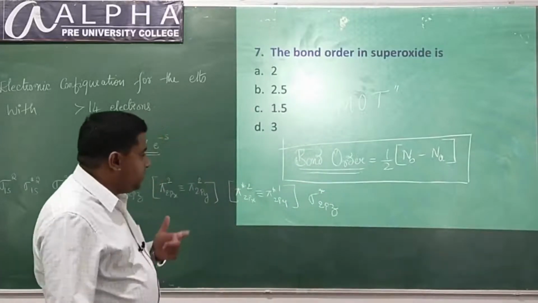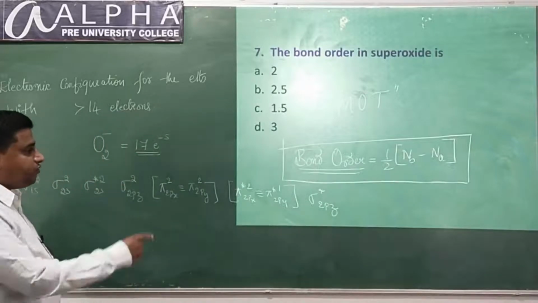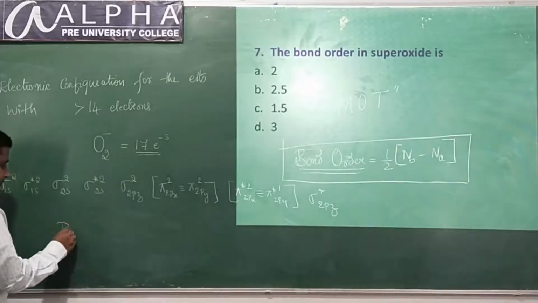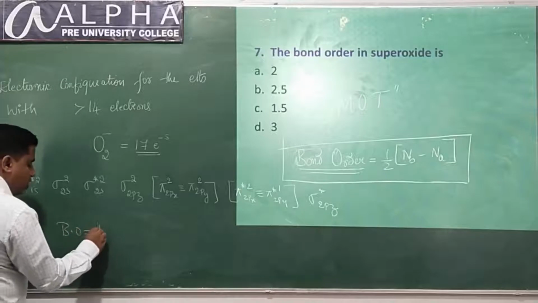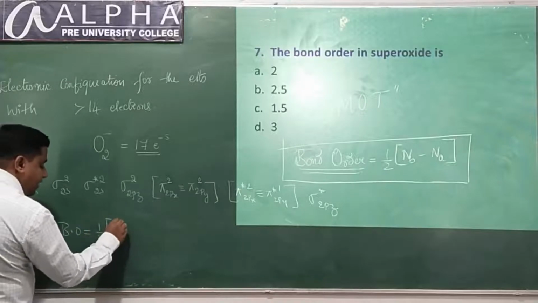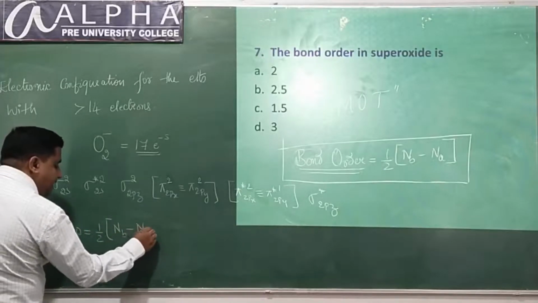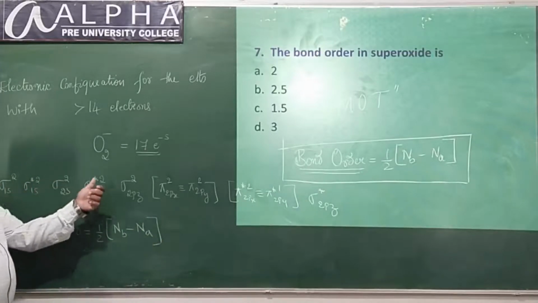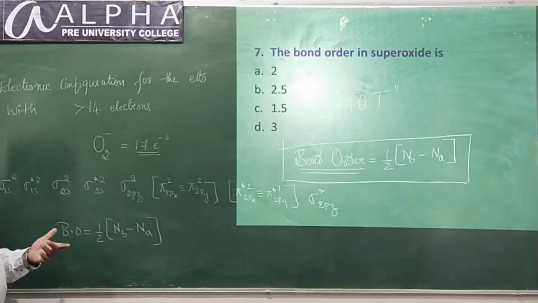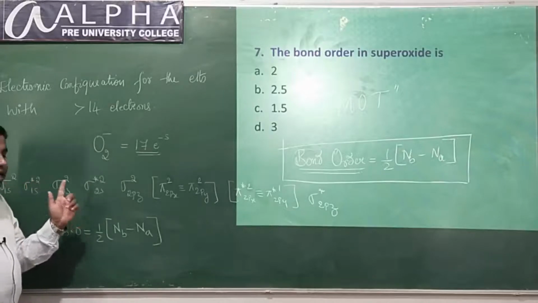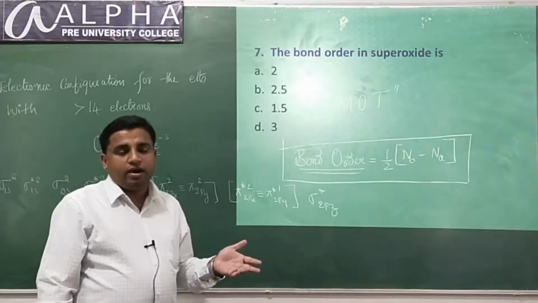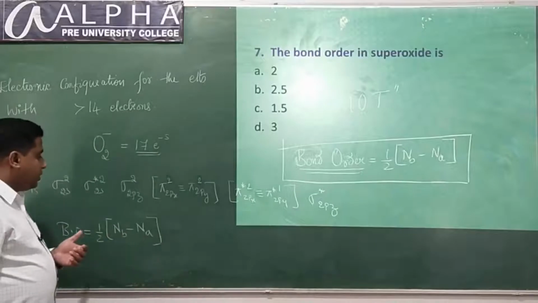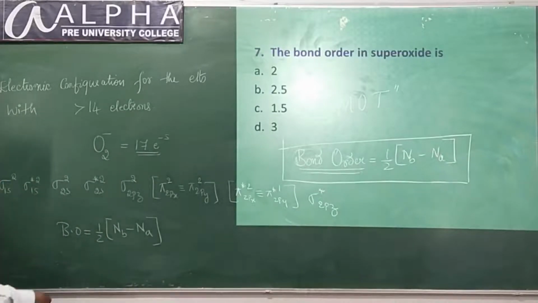So now count. Use the formula. Bond order is equal to half of number of bonding electrons minus number of anti-bonding electrons. The orbitals which are written with a star are called anti-bonding orbitals, and the electrons in anti-bonding orbitals are called anti-bonding electrons. Is that simple? So how many bonding electrons?